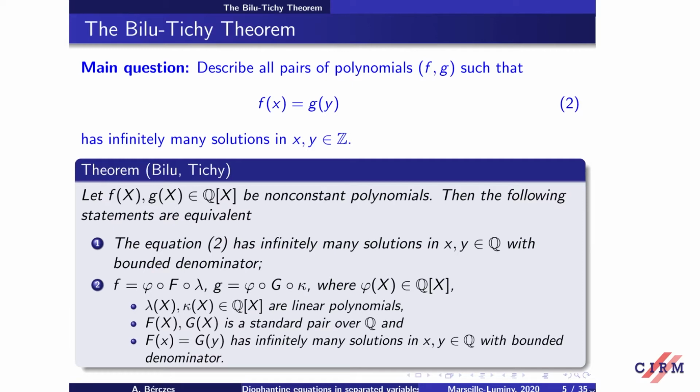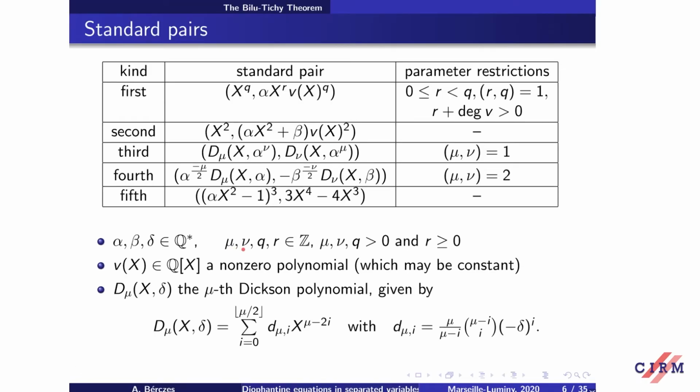So in principle, this is a very concise description of all the cases in which it is possible that this equation does have infinitely many solutions. And there are the possible pairs for g and f, or f and g, of course. Interchanging the order doesn't make any difference.